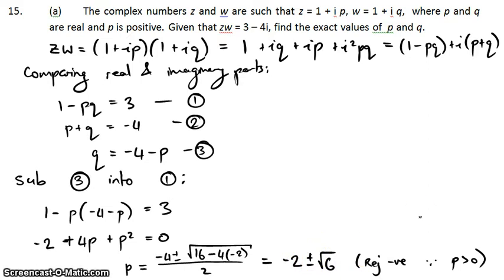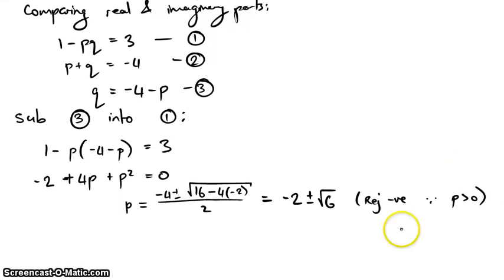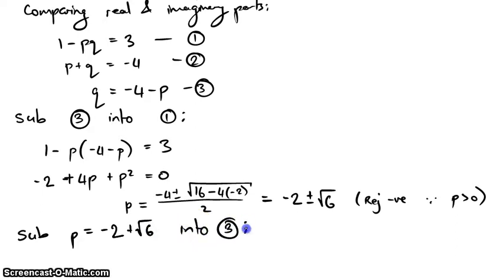So that tells us p, but we still don't know anything about q yet, but that's not too hard. Let me just do this properly: sub p is equal to minus 2 plus root 6 into equation 3, and I get q is equal to minus 4 minus 2 plus root 6.